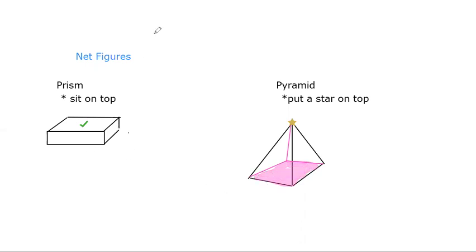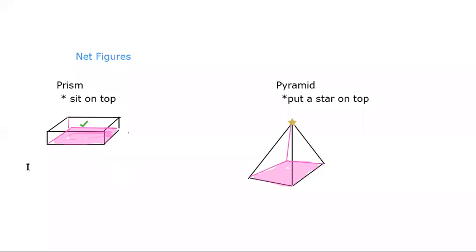And then over here on our box, the base of it is also a rectangle. So if we just look at the bottom, what's sitting on the ground, that part right there, that is a rectangle. Both of these are named by the shape of their base.